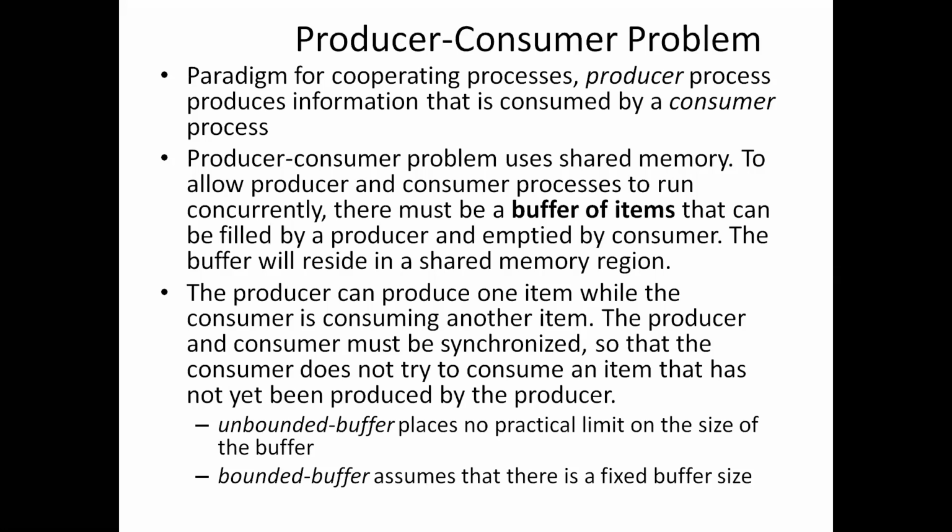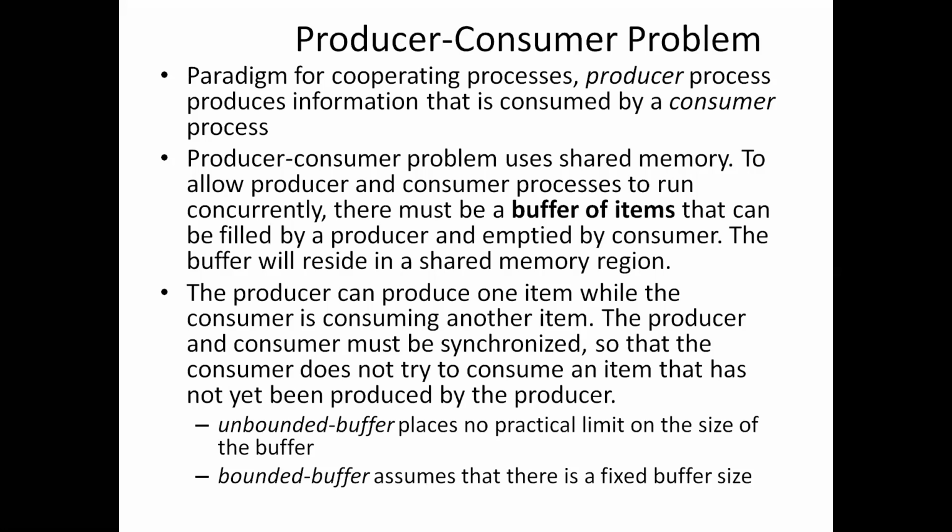Understand that unbounded buffer means there is no practical limit on the size of the buffer. So the producer can produce n number of items, because the buffer will never fill.